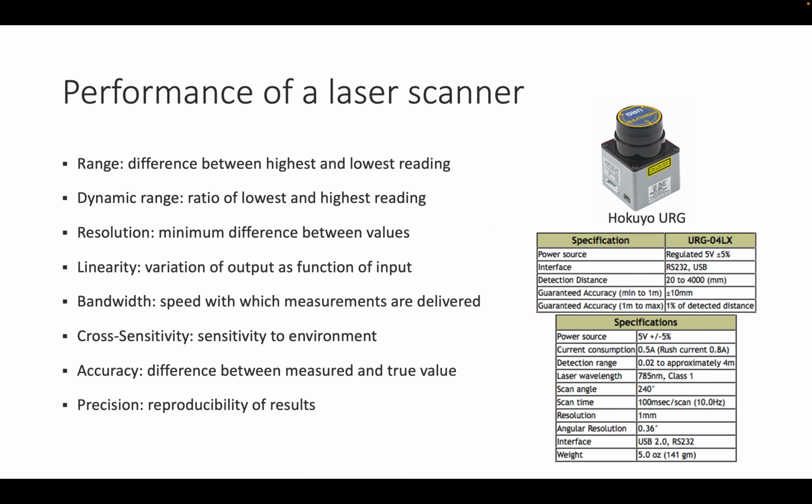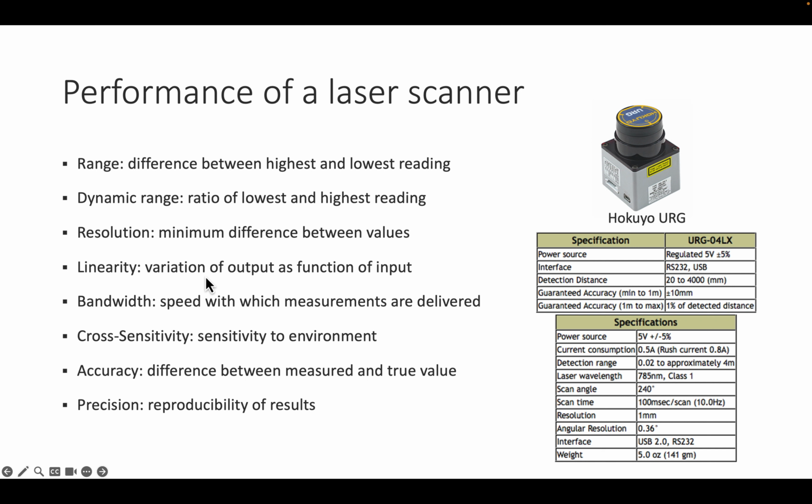When you look at a laser scanner, you usually get a little data sheet like this, and you can look out for these things, like range. In this case, the range is 3.98 meters, which is the difference between the lowest and the highest reading. The dynamic range is the ratio of these two numbers. The resolution is the minimum difference between values. It is provided here, so it comes in increments of 1 millimeter.